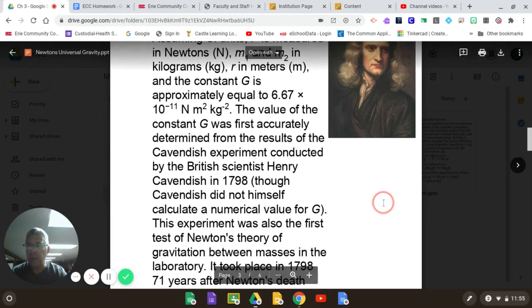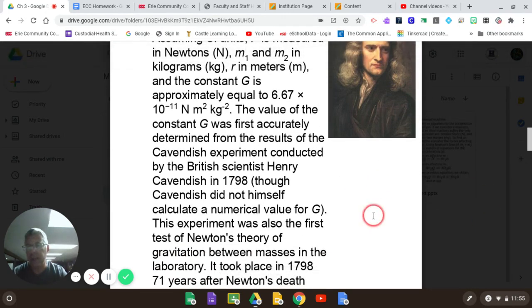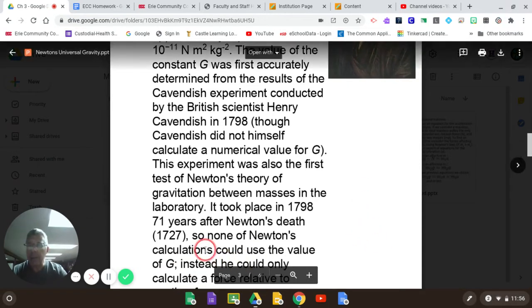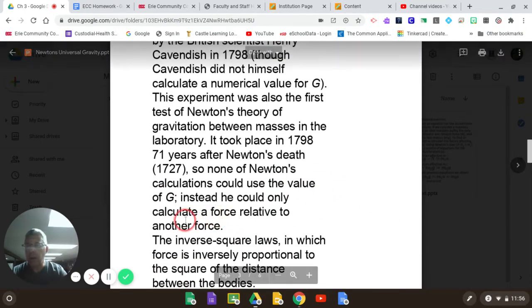This experiment was the first test of Newton's theory of gravitation between masses in the laboratory. It took place in 1798, 71 years after Newton's death. All right, so Newton never even got to find that little piece that was missing. Probably drove him nuts. Okay, so none of Newton's calculations could use G. It could only calculate a force relative to another force.